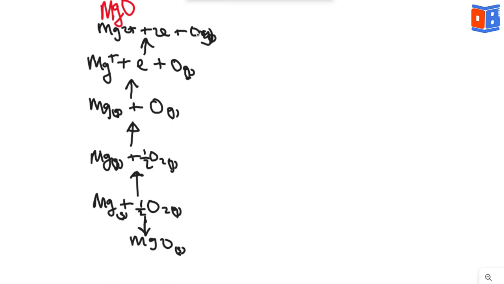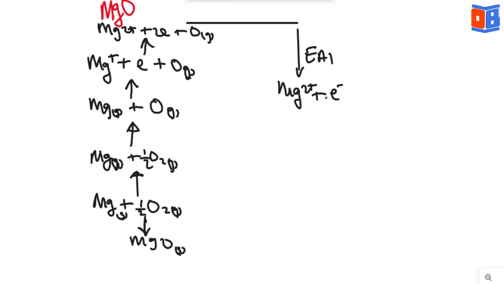And then our next step now is to go to electron affinity of oxygen. Oxygen is in group 6, so we undergo 2 successive electron affinities, which means that we first come to the first electron affinity, EA1, where we'll have magnesium 2 plus, 1 electron that is left, plus oxide minus, after oxygen has received the first electron.